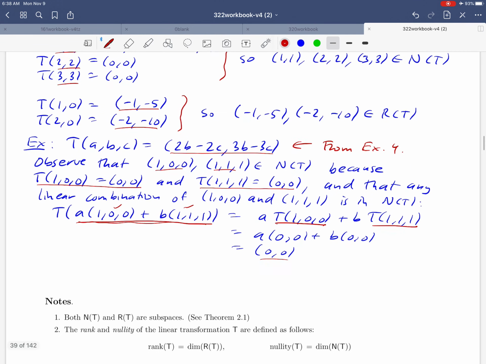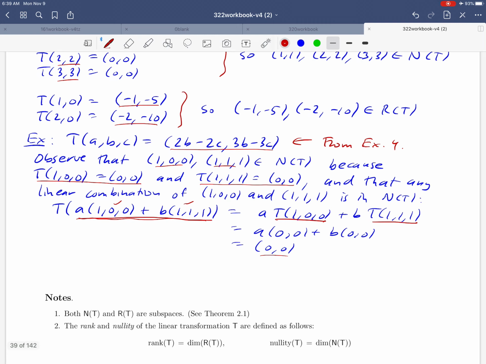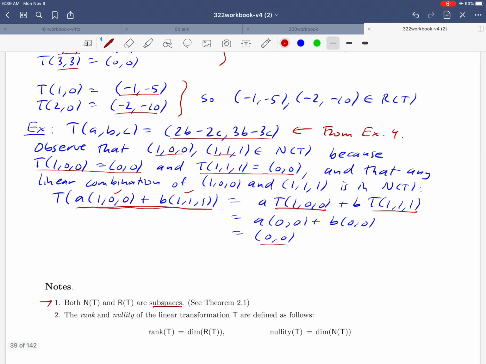So what this is illustrating is a very important note here. If we move down here, the null space and the range are actually subspaces. That's theorem 2.1 in our book, and you might look at the proof of that theorem. I think it's in the book. It might be an exercise. You can check on that. But the null space and the range are both subspaces, and therefore we could talk about their dimensions.